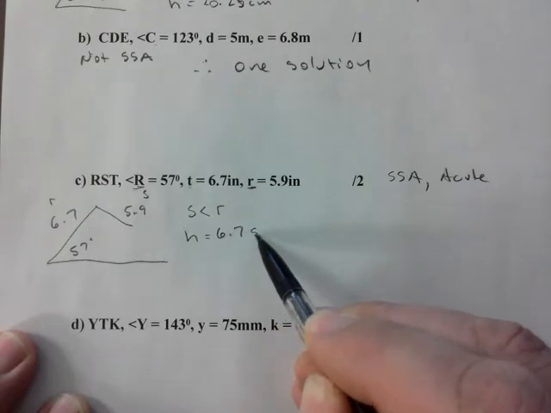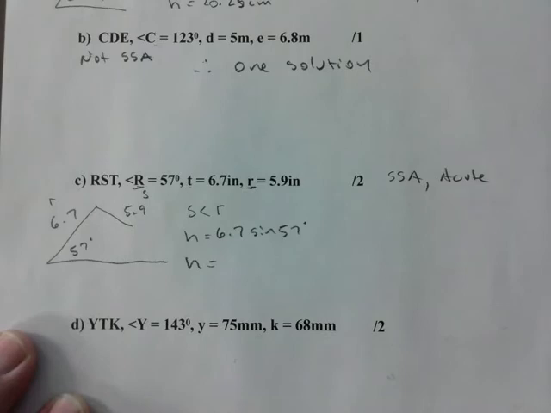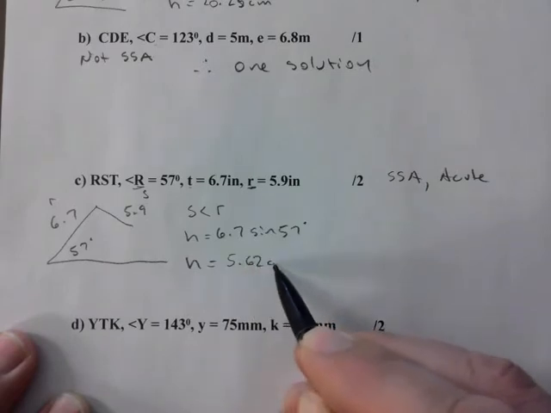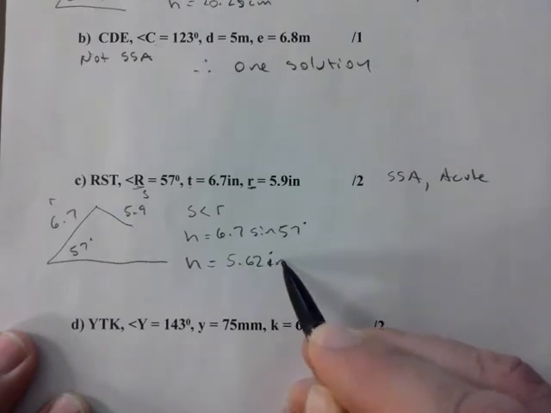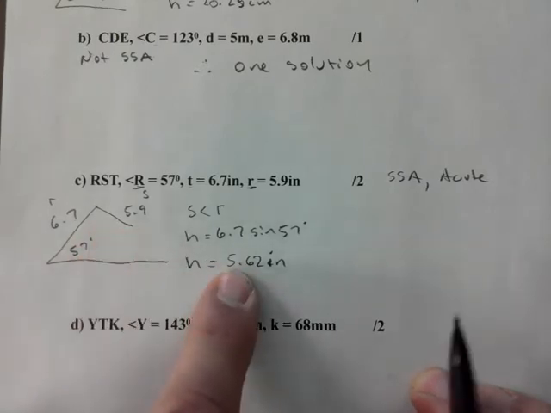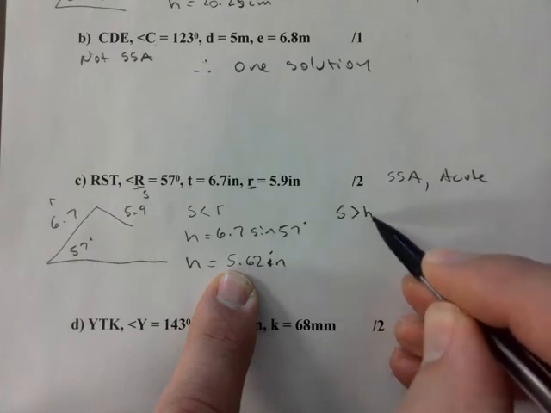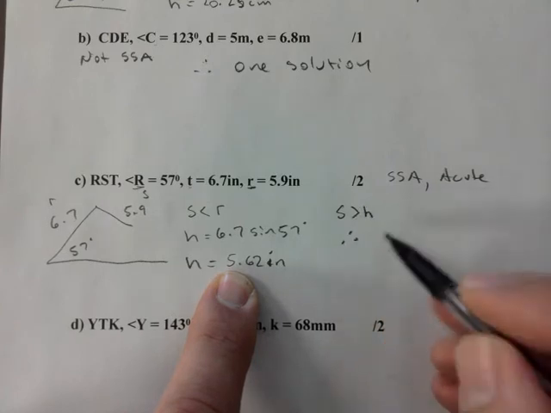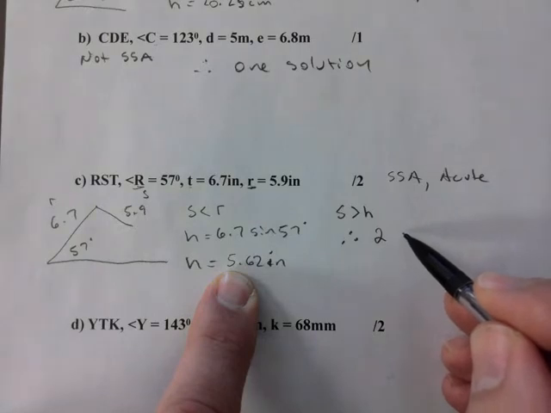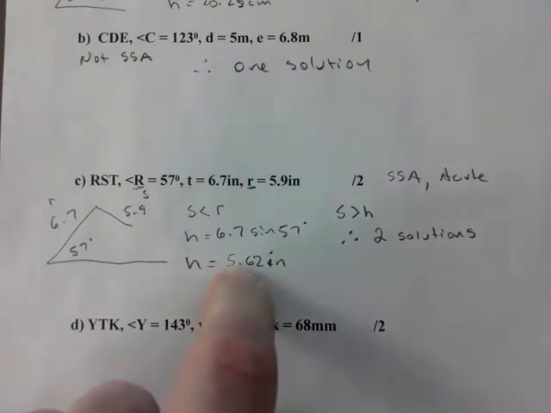That's 6.7 times sine of 57, that's 5.62 inches. And you see that your string is slightly longer than the height. Therefore, you actually have two triangles, two solutions, or two triangles is the same thing.